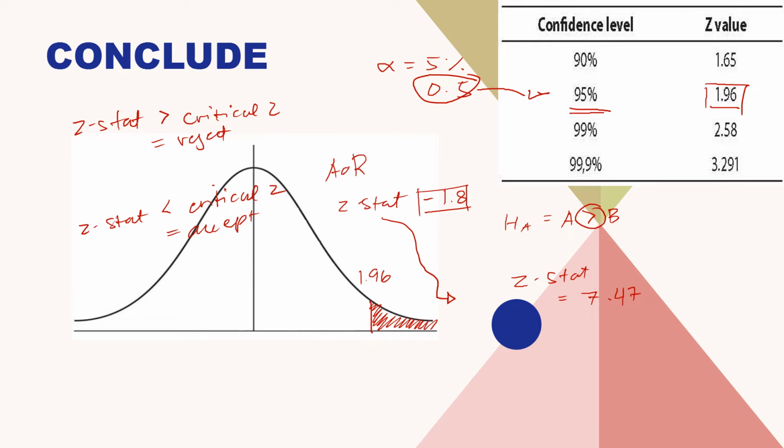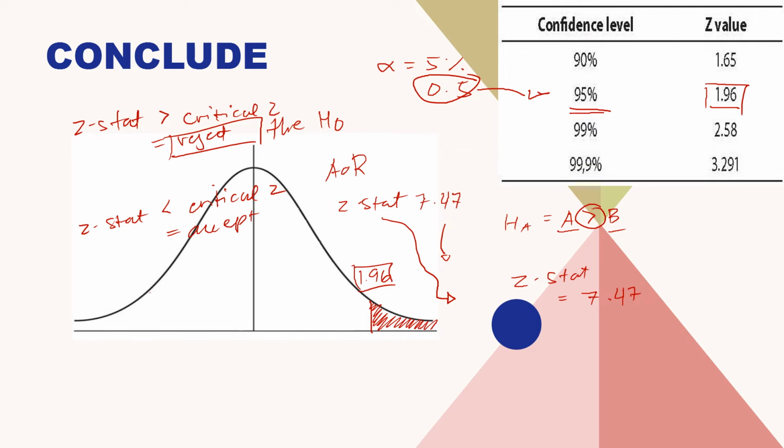So our example z-stat of negative 1.8 is going to fall over here, which is within the area of acceptance, especially since we're doing a one-tailed test of whether A is better than B. But since our computed z-stat is 7.47, which is significantly greater than our critical z of 1.96, then what we should do is reject the null hypothesis.